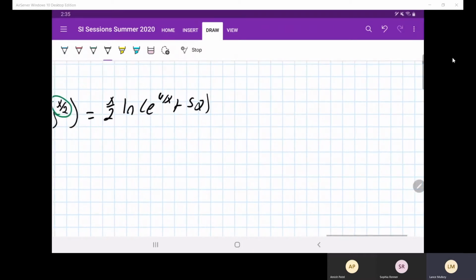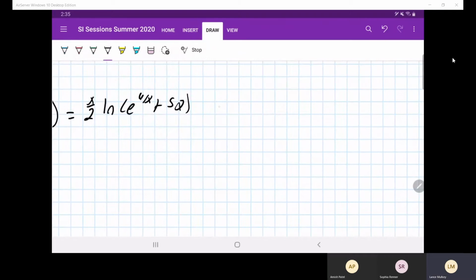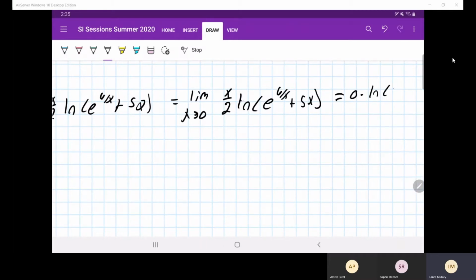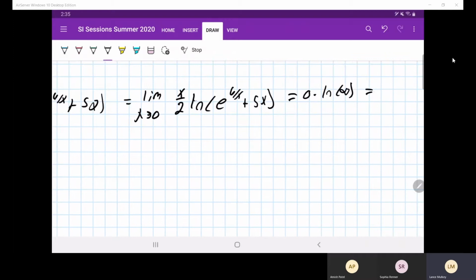So now we take the limit of this, but that still won't work. So actually, I'll just write it out. Take the limit as x goes to 0 of, nope, forgot the natural log. This will still equal 0 times natural log of infinity, which still equals 0 times infinity.